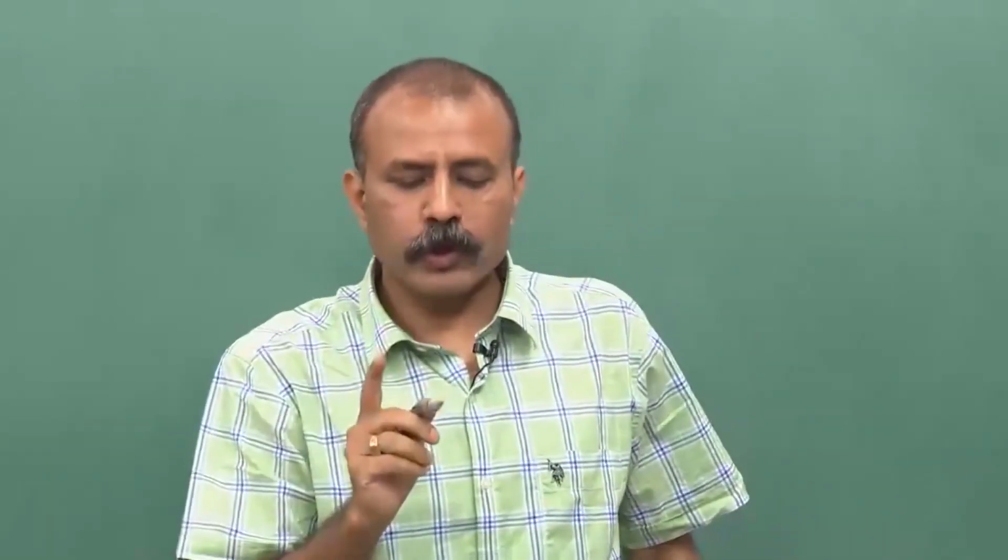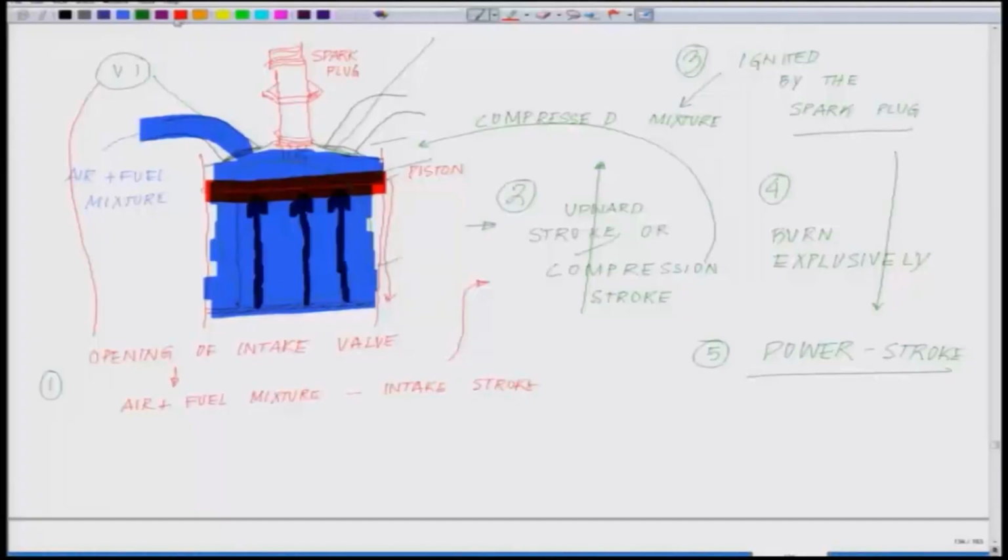So, how many strokes did we talk about? We talked about the intake stroke, step 1, the upward or compression stroke, step 2, followed by the power stroke. Now, after the power stroke, there is a fourth thing which happens here, that is the exhaust stroke.